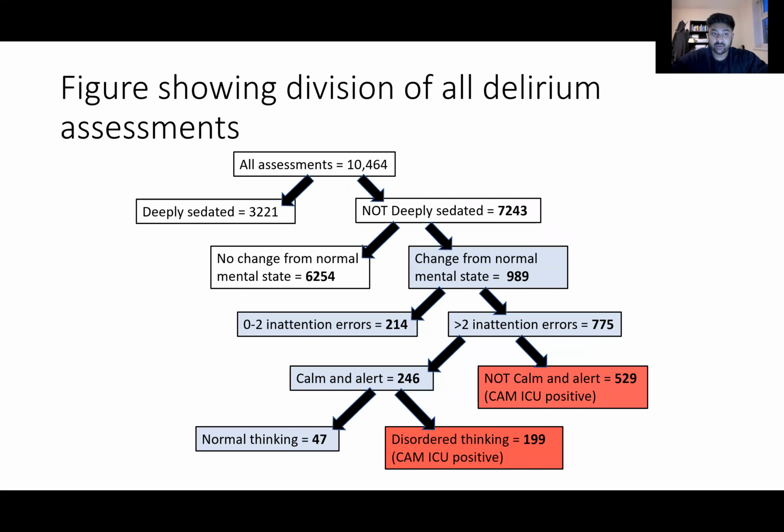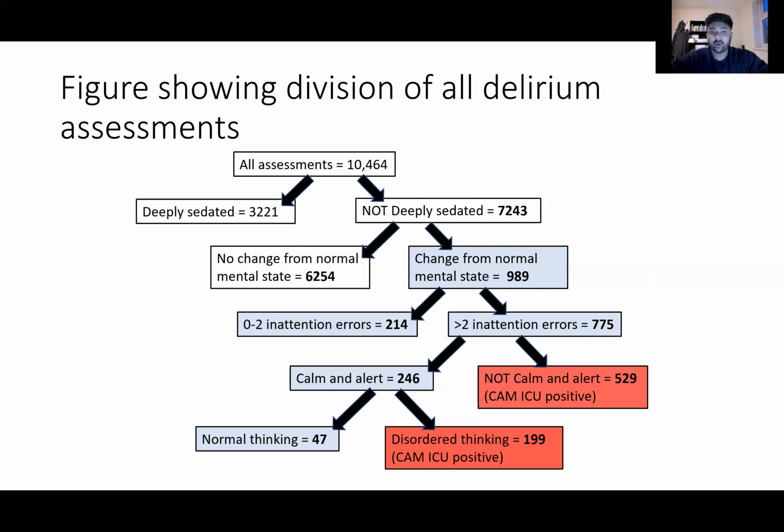This is yet another figure that shows the flow chart of patients that had the inattention errors and those that had disorganized thinking. And it is important to look at this because often the CAM ICU methodology recognizes those that are confused.